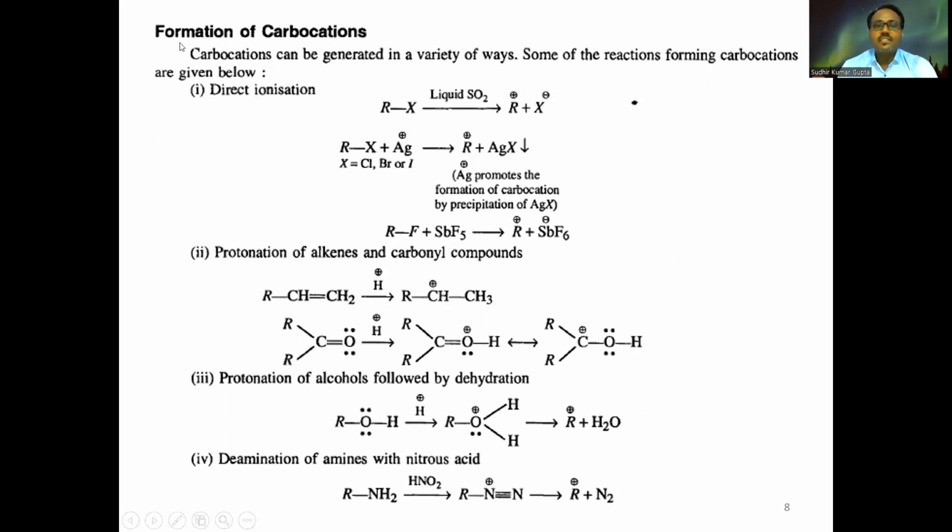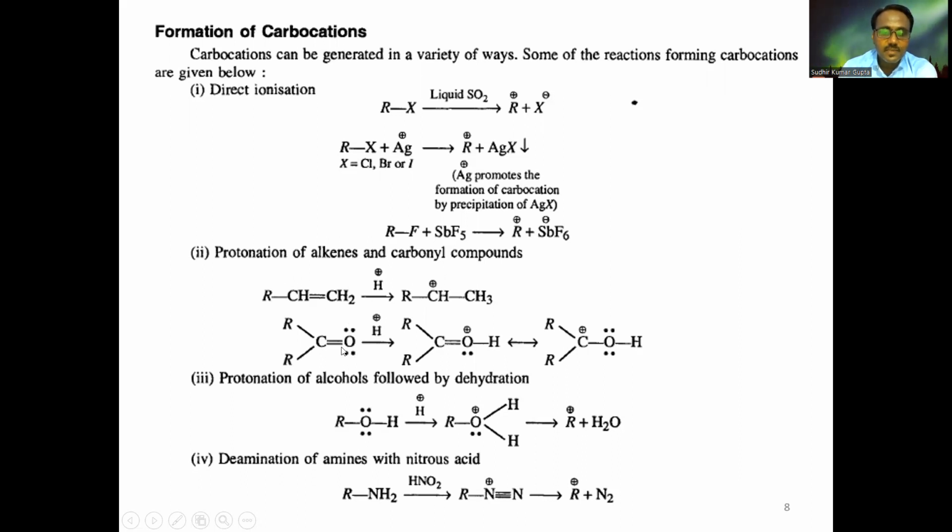Now, this was all about the stability. If you go for generation, the carbocations can be generated by several pathways. One is direct ionization, heterolytic cleavage of the C-X bond. And second is by the protonation of alkenes and carbonyl compounds.